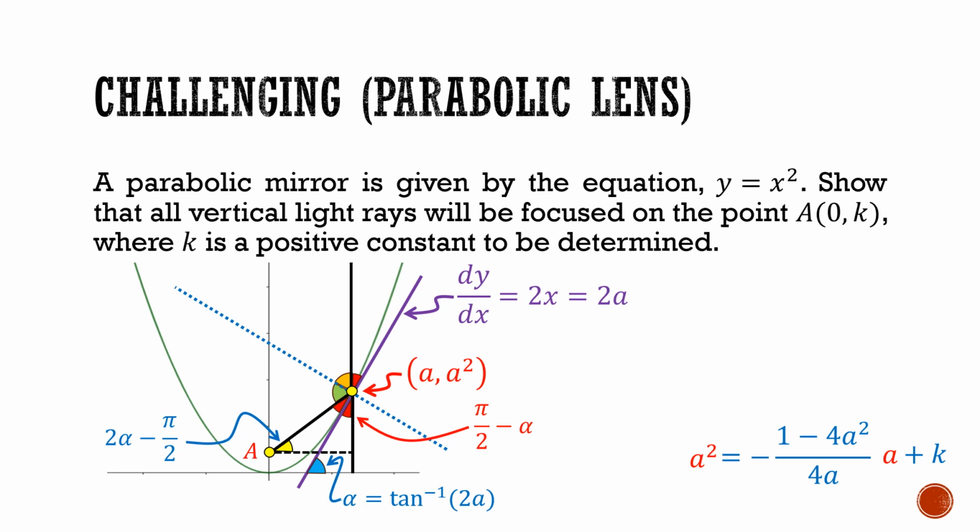And the interesting thing here is that if you try to simplify this equation, all the a's will cancel out, and you'll just get an outcome of k equals 1/4. This tells you that no matter where your vertical line is, whether it's at x equals 1, x equals 2, every vertical line will bounce off the parabola and end at this point A at the point (0, 1/4). And I hope that you find this quite an interesting result about parabolas.